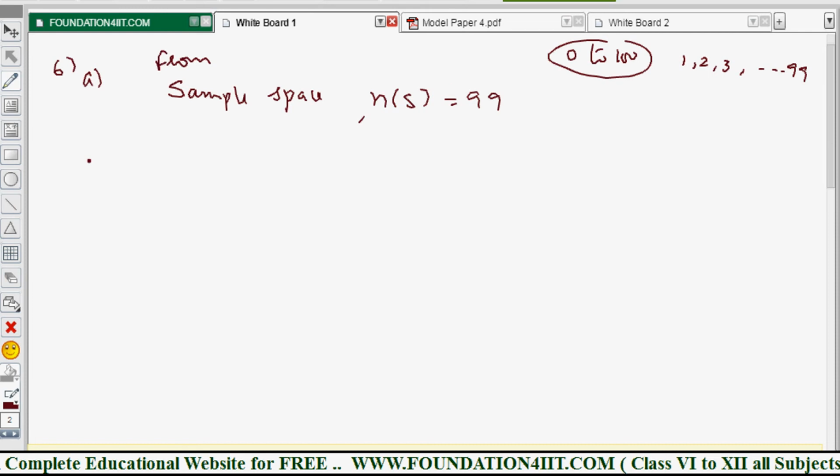Now, according to the first question, the selected integer is divisible by 7.